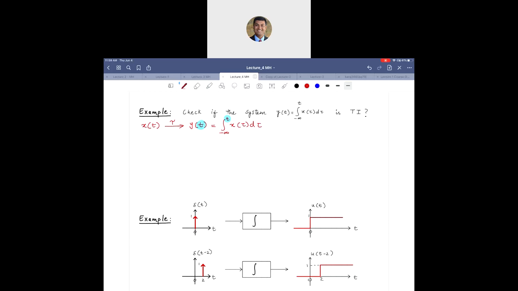Next, we have x1 of t, which is equal to the delayed version of x, goes into the system with operator cap T. Output is y1 of t, which is represented as an integration from negative infinity to t of x1 of tau d tau.